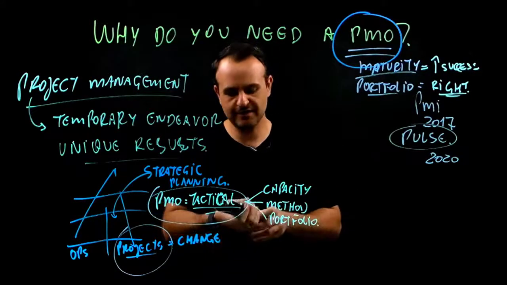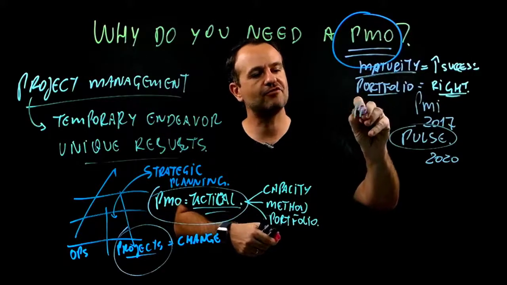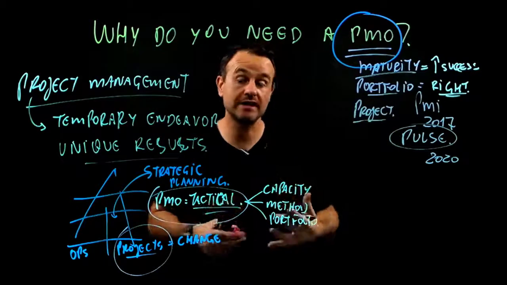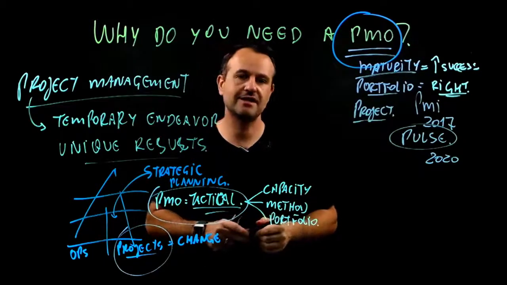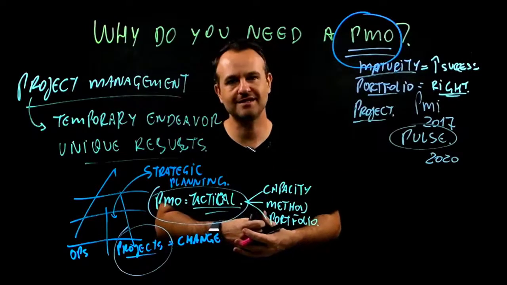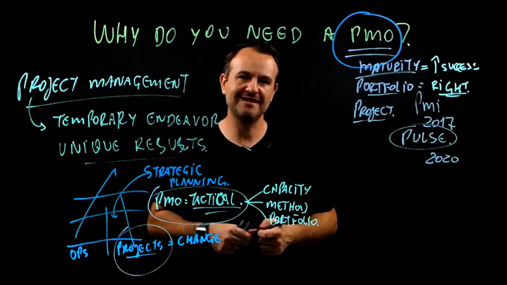The second benefit is portfolio management, and we also have the standardization of project management, which means we can consolidate information and understand what is going on in all the different projects in our organization. This is the third benefit I see when implementing a PMO.